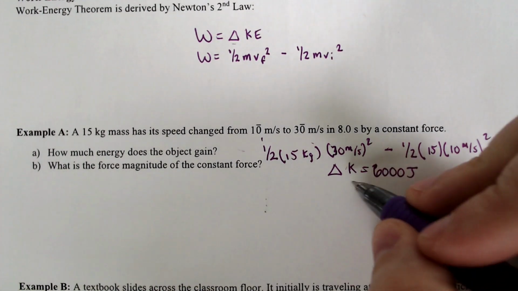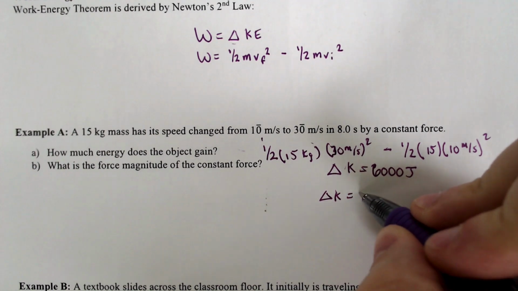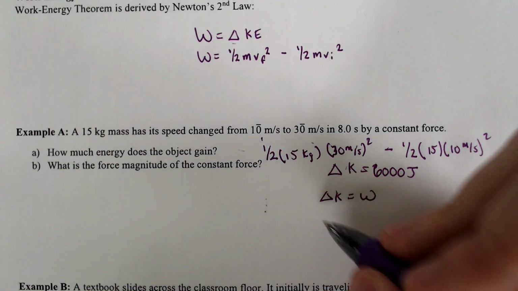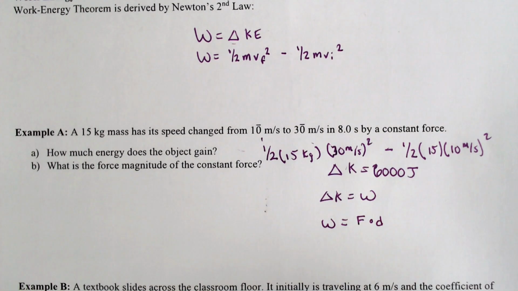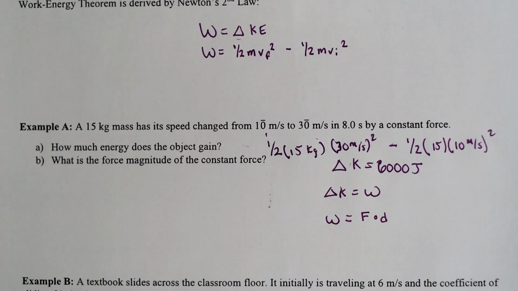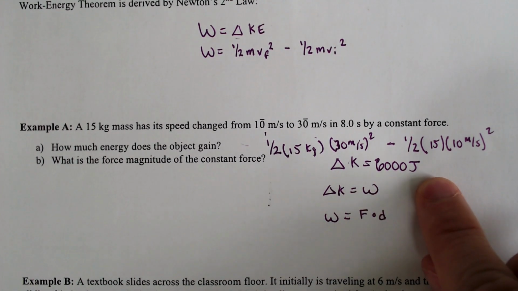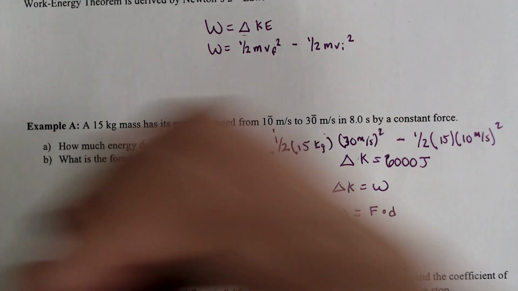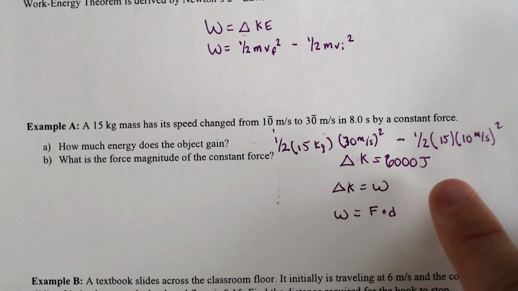What is the magnitude of the force? Well, delta K is equal to work done. And remember from last video, work is equal to your force times your distance. So 6,000 joules is equal to our work.